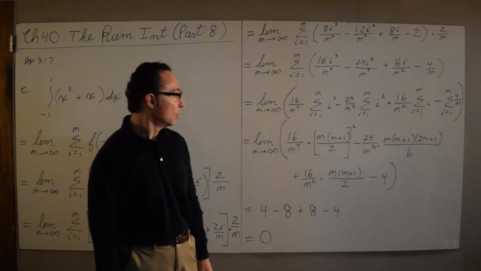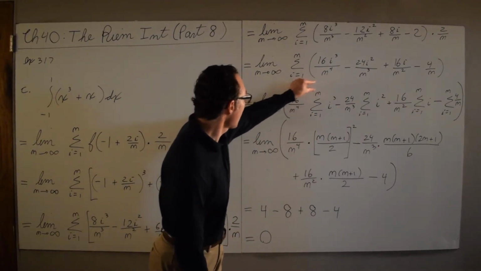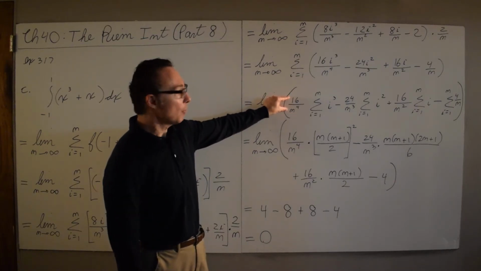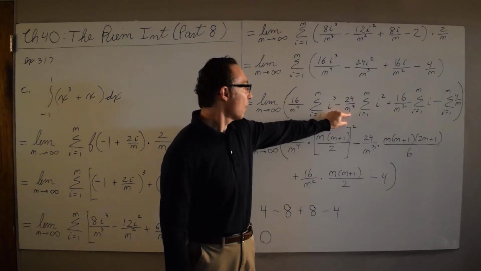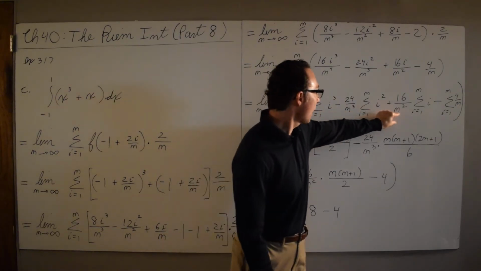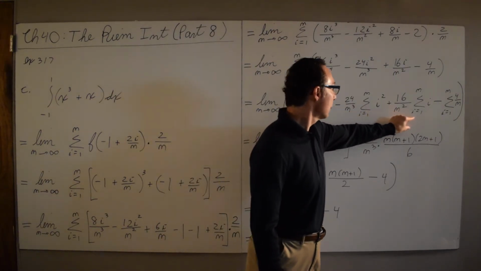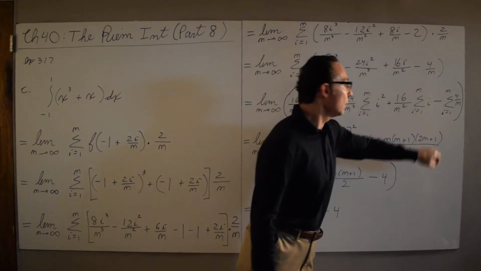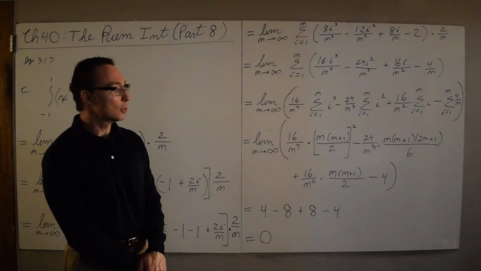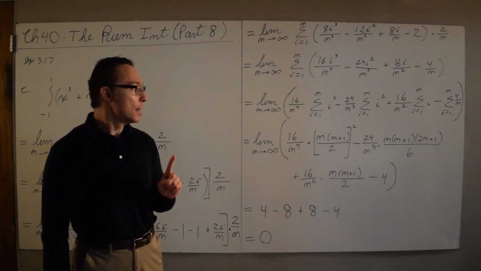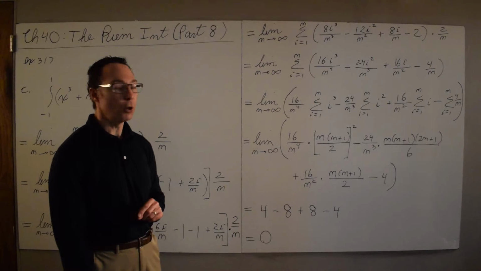Because multiplication distributes over addition, we can factor the 16 divided by n to the 4th out of the sum. We can factor the 24 divided by n cubed out here, factor the 16 divided by n squared, and we did not factor here, but we could have. We could have written that as 4 divided by n times the sum i equals 1 to n of just 1. We did not write it that way, but we could have.